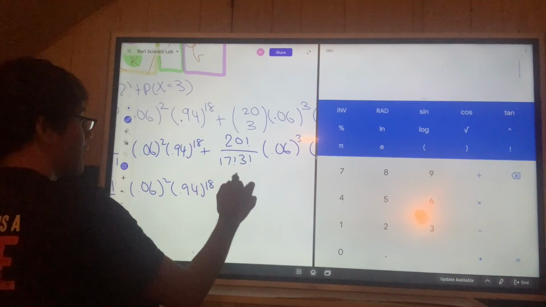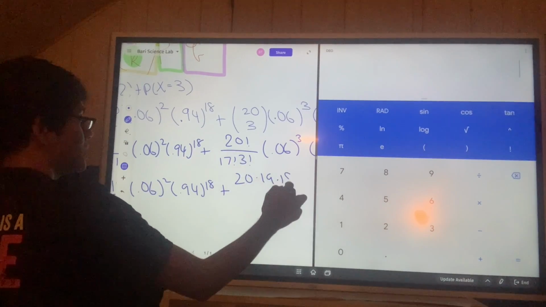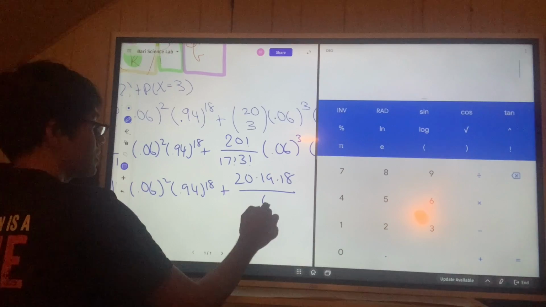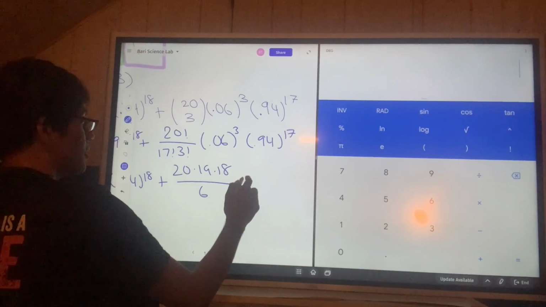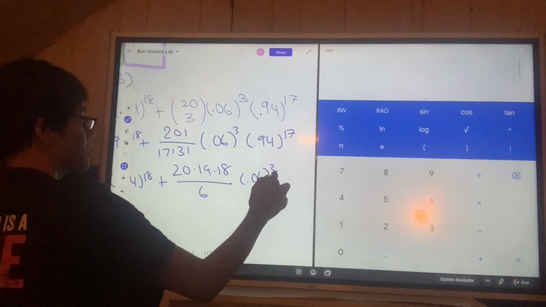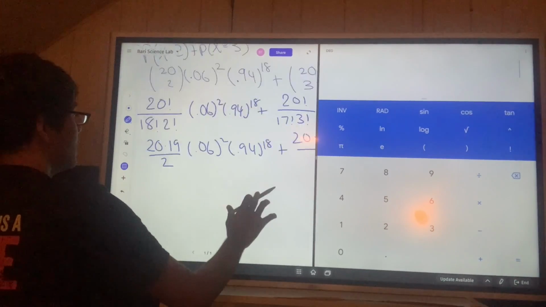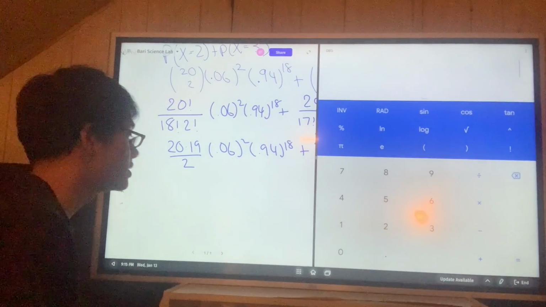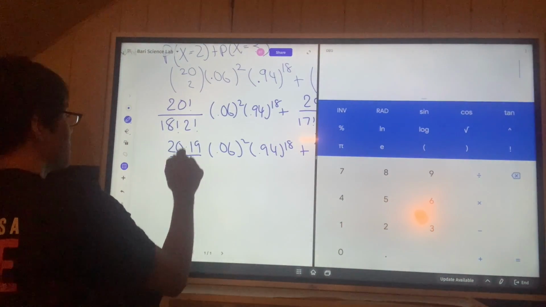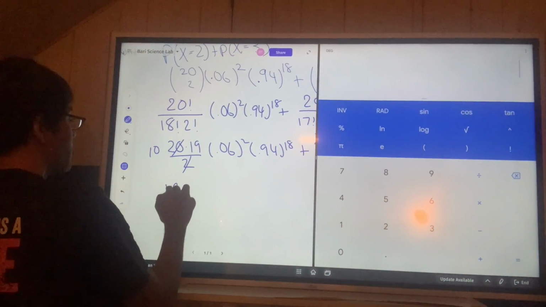Likewise, over here, I'm going to have 20 times 19 times 18 over, well, 3 factorial is 6, we know that. And this is going to be multiplied by 0.06 to the third and 0.94 to the 17th. Okay, we're almost there, ladies and gentlemen.